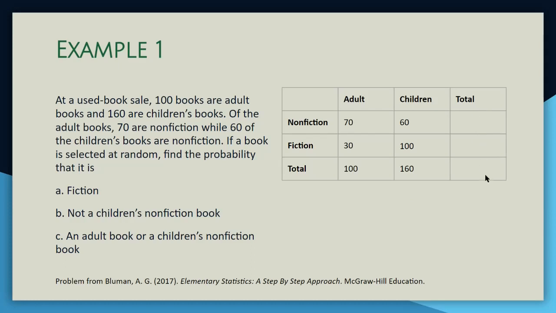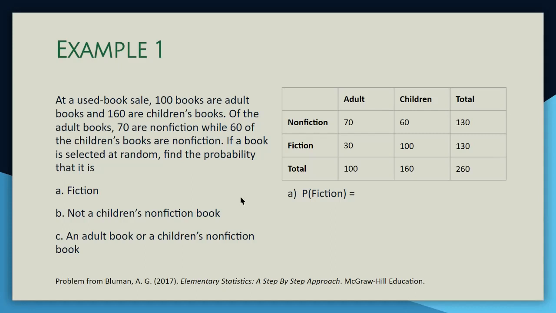To get the total column on the right, we're just going to add across. So 70 and 60 is 130. 30 and 100 is 130, and 130 plus 130 is 260, sorry. Words are hard.